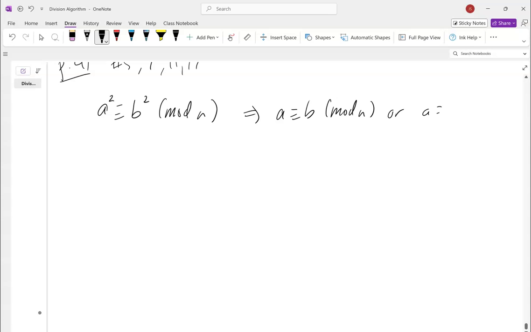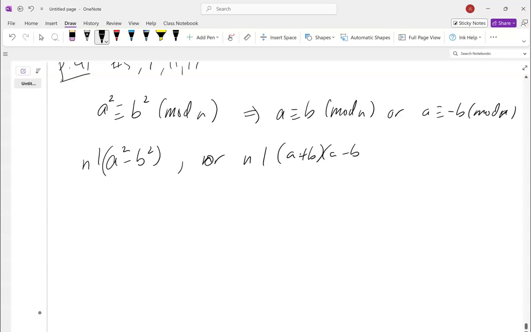Oh, that one, right? Yes. Okay. So if we just rewrite some things, this first part, of course, means that n would divide the difference. And it would divide the product, right?